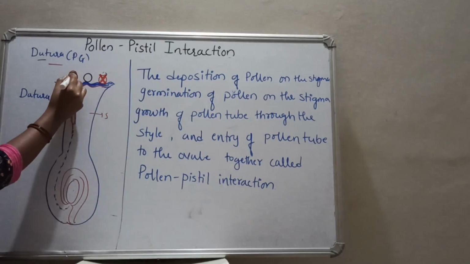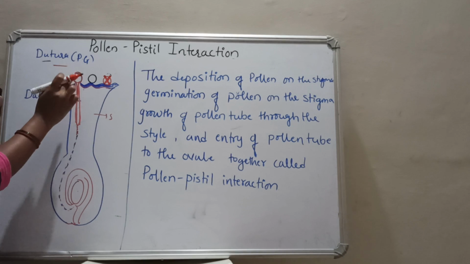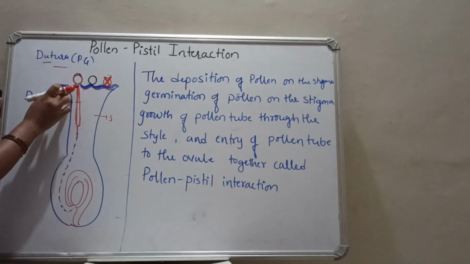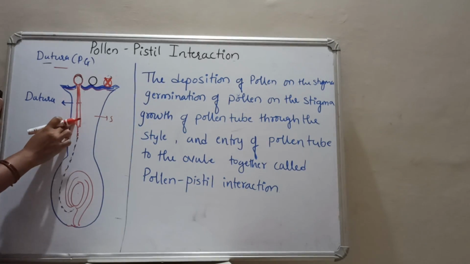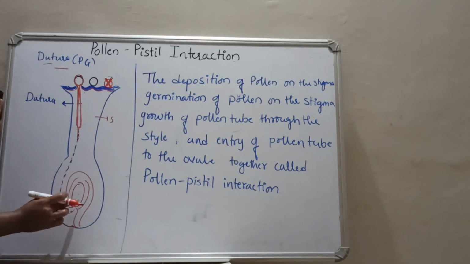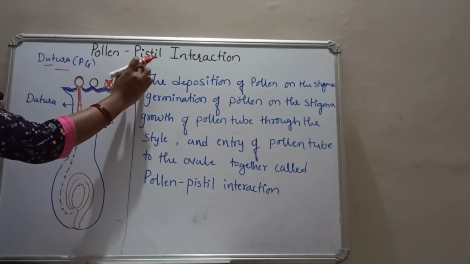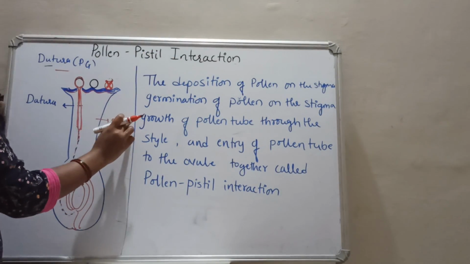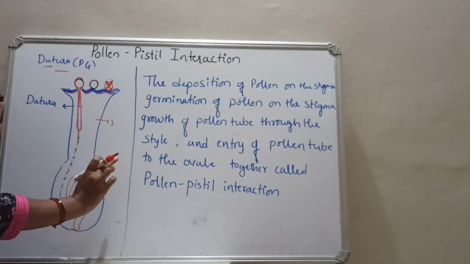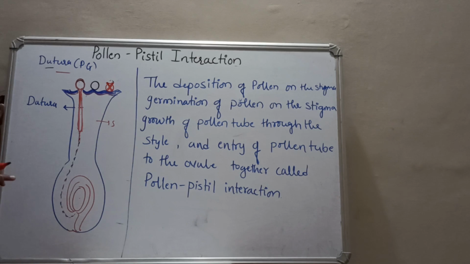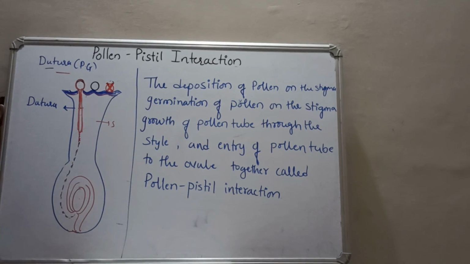The deposition of pollen grain on the stigma, the germination of the pollen grain on the stigma, and the pollen tube growing through the style and reaching the ovule, that entire process is called pollen-pistil interaction. This is the definition of pollen-pistil interaction. This is today's class. Thank you.